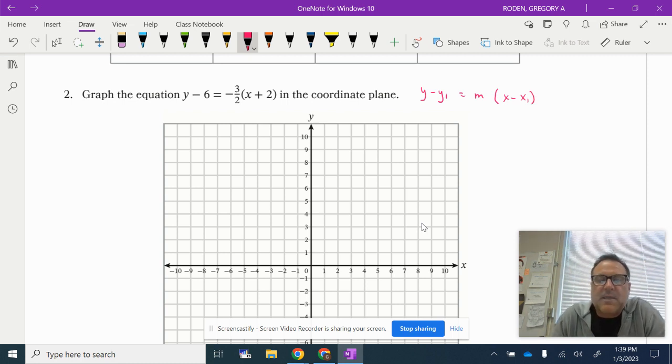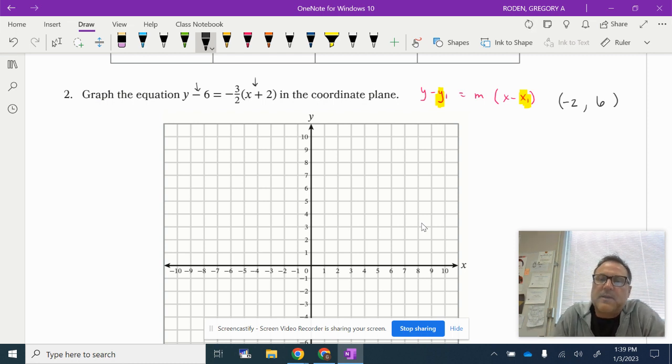So if I'm looking at the point, it's going to be this y value and this x value. Okay, so our point looks like it's going to be at a y value of 6, because remember, it's always opposite. So if it's minus, it's positive. So this is going to be a positive 6 for our y value. And since this is a positive 2, this is going to be a negative 2 for our x value. So it's always opposite. Okay?